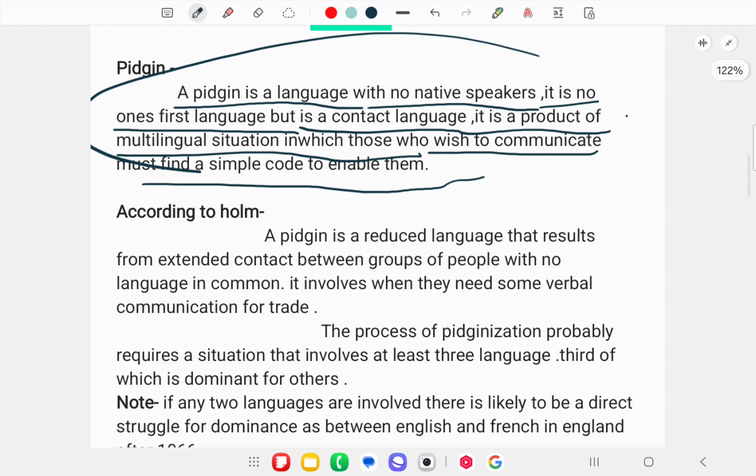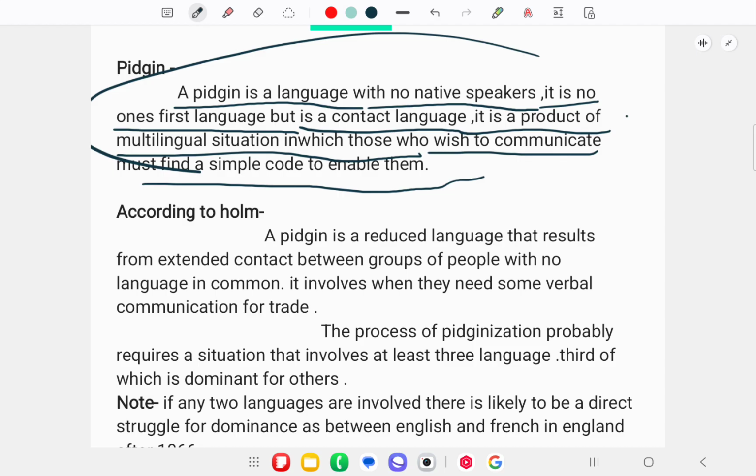Next, according to Hall, a pidgin is a reduced language that results from extended contact between groups of people with no language in common. It arises when they need some verbal communication for trade.